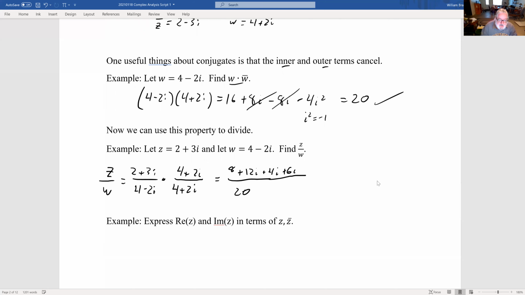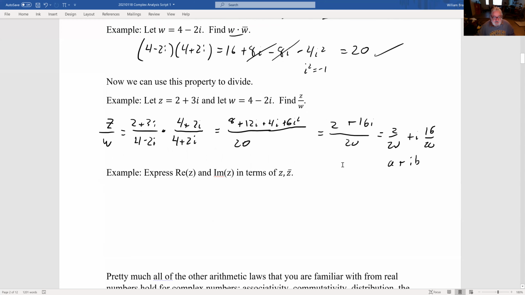And now we know that the i squared is a -1. So we get 8 minus 6, that's a 2, plus 16i on the top and 20 on the bottom. And you can split that into 2 over 20 plus i, 16 over 20. And that is, in fact, in a plus ib form. So whenever we do any of the basic arithmetic, you can always get it back into a plus ib form.